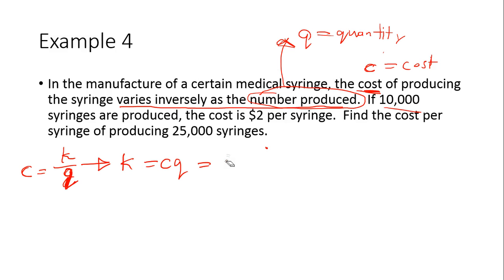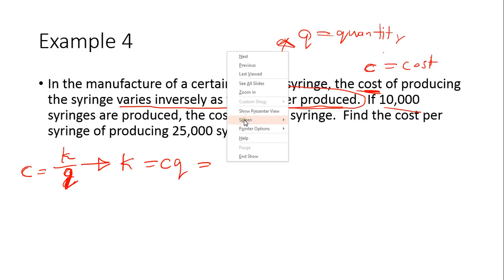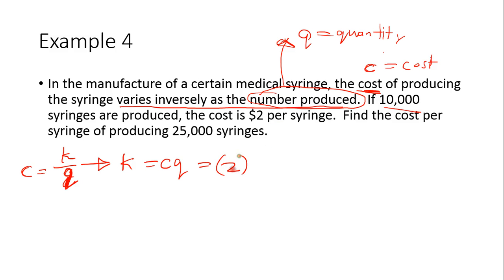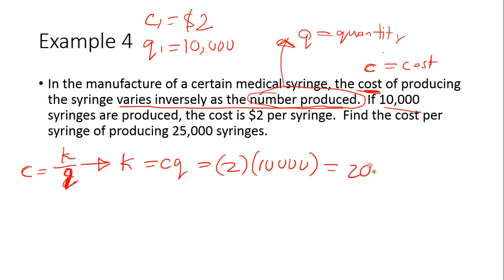Okay, so it's just going to be $2 per syringe. Because here, C1 equals $2, and Q1 is 10,000 syringes. So basically, we have 2 times 10,000, which is just 20,000.